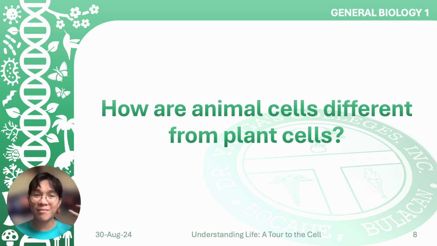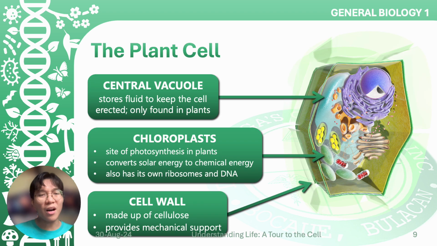I hope that by that time, you were able to compare the structural differences between animal cells and plant cells, for example, your cheek cells and the onion skin cells that you observed under the microscope.